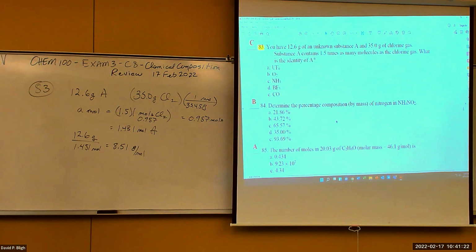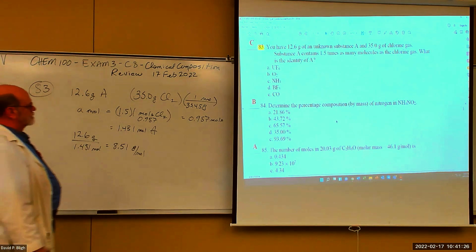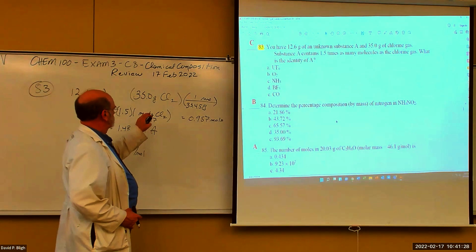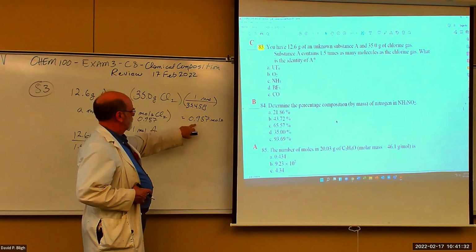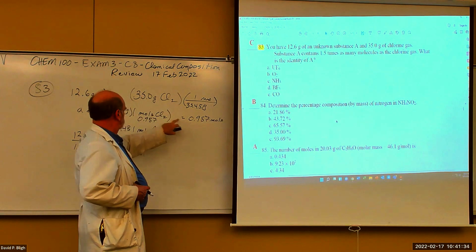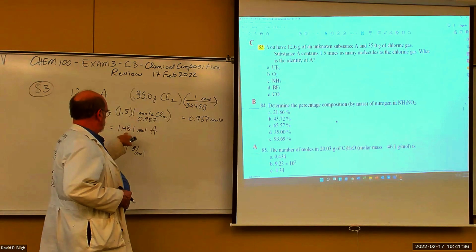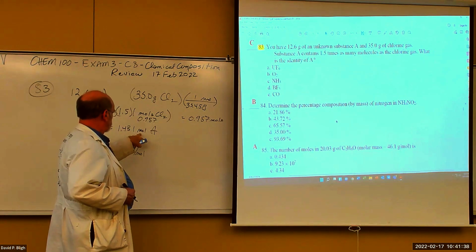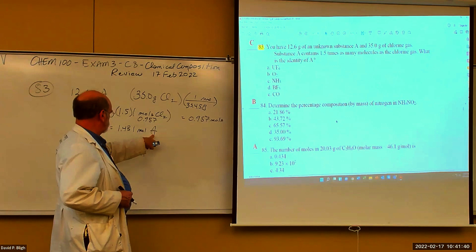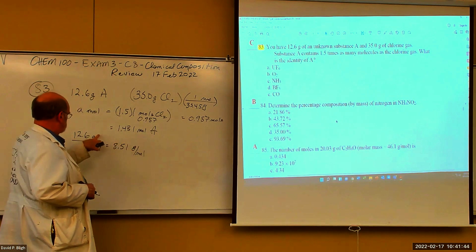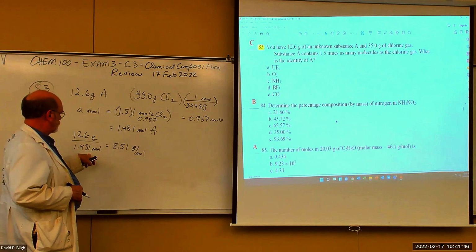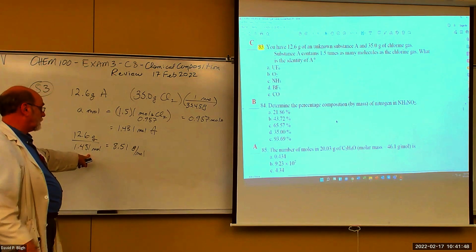1.5 times as many molecules. So we have 0.974 moles, 1.48 moles of this molecule. It's grams per mole. That's right.